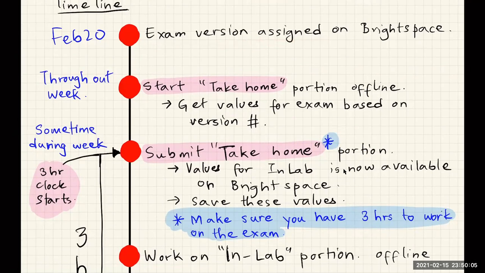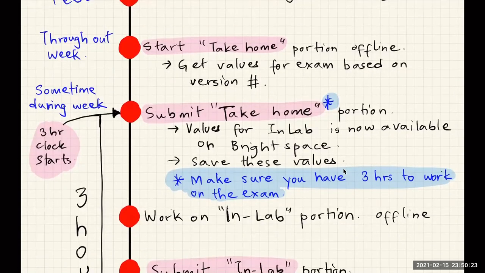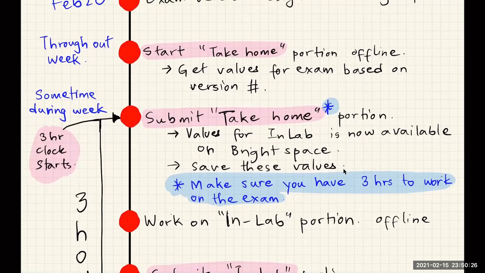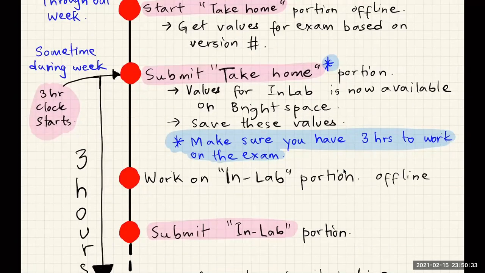Okay, so you will take this exam version, and you can get started on your take-home portion immediately and work offline for as long as you need to, and then finally submit it on Brightspace. But when you submit it, make sure that you have 3 hours to immediately commit to the in-lab portion of the exam, because the clock for your in-lab portion of the exam will start as soon as you submit the take-home portion, right?